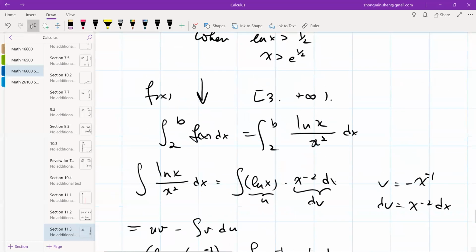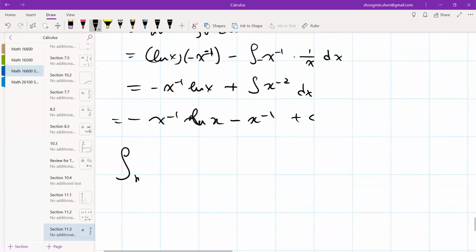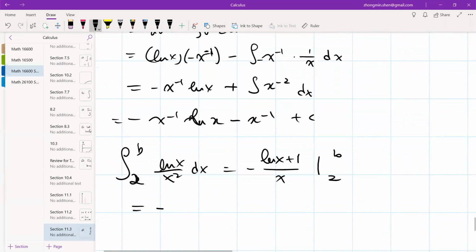All right, so once you get the antiderivative, you will get negative natural log of x plus 1 over x, right? Yes. So evaluate at the two endpoints.